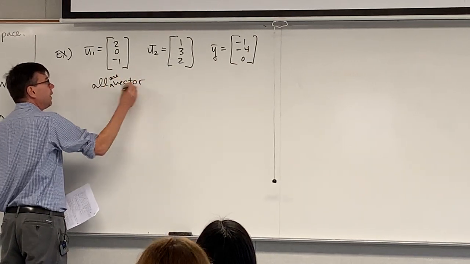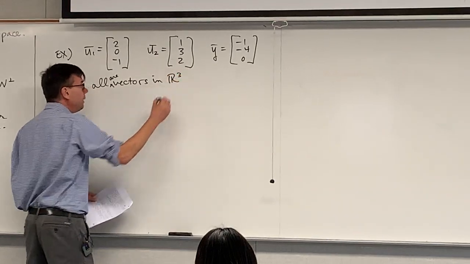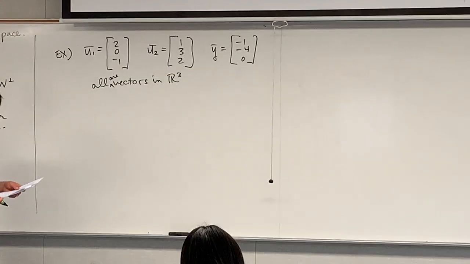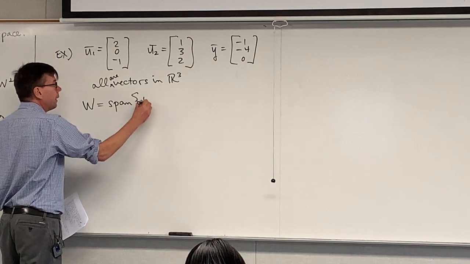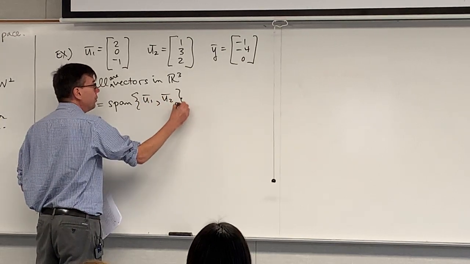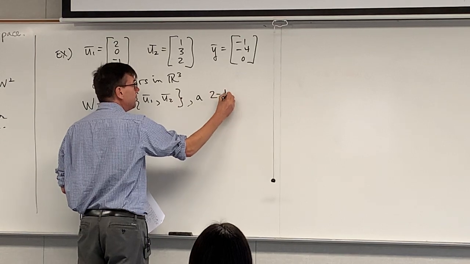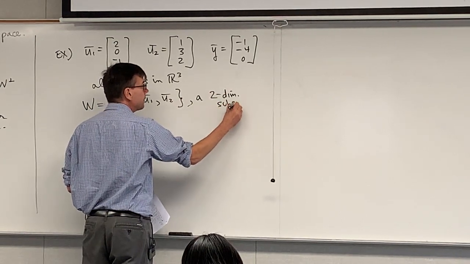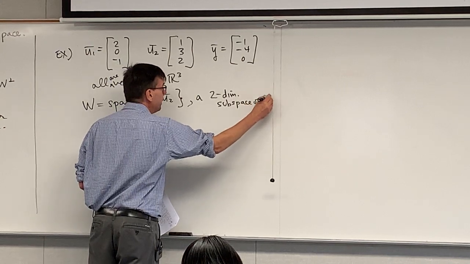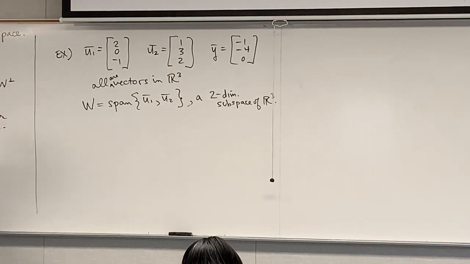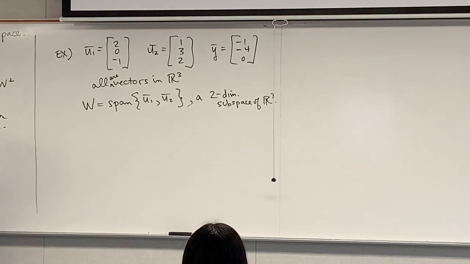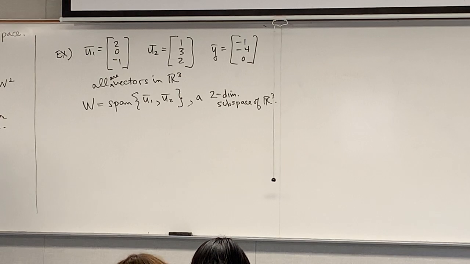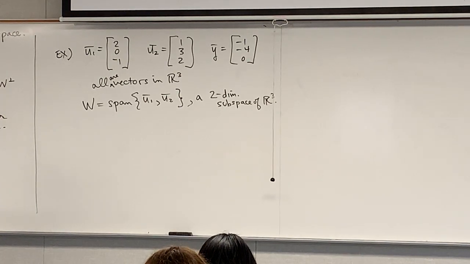What we're calling W here is the span of u1 and u2, so a 2-dimensional subspace of R3. And I suspect y is probably not in W, but we don't know that for sure. Doesn't really matter for this calculation, but I think it probably isn't.